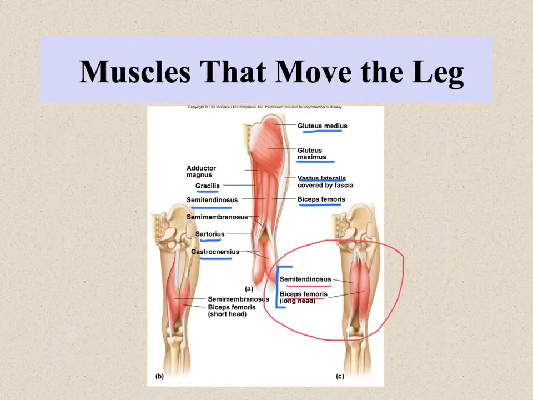I'm not sure where that name came from, but the semitendinosus and the biceps femoris are 2 out of the 3 parts of the hamstring group that I want you to remember. Along with flexing the lower leg, the hamstring also is involved in extending the thigh, the upper part of the leg, bringing it back towards 180 degrees. And the biceps femoris is also involved in rotating the leg laterally, turning it away from the midline.